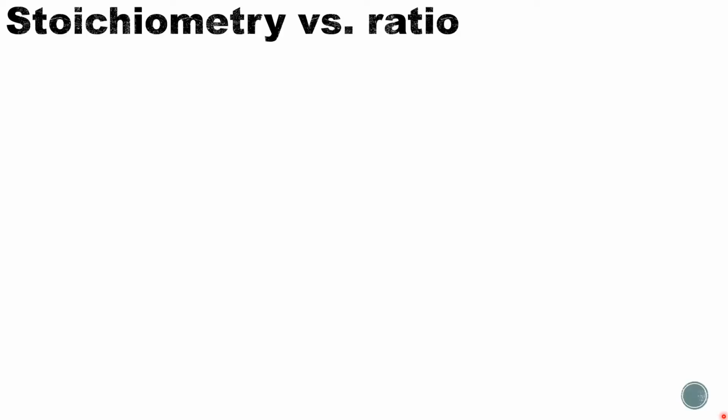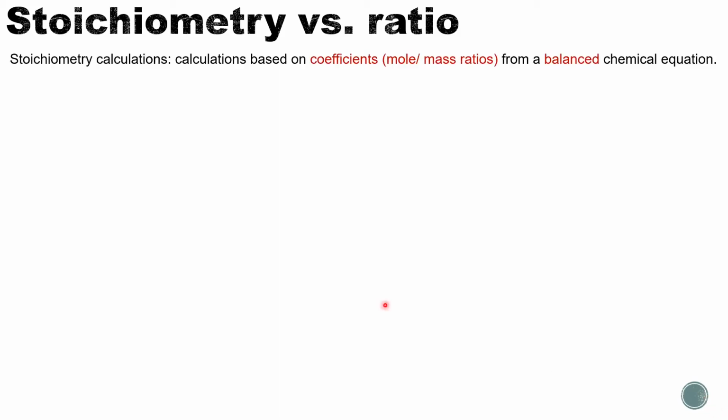So what is stoichiometry? Stoichiometry can be understood as some type of ratio. Stoichiometry calculations are calculations based on coefficients. Basically, it's mole ratios or mass ratios from a balanced chemical equation.